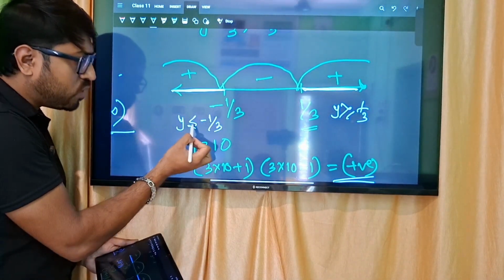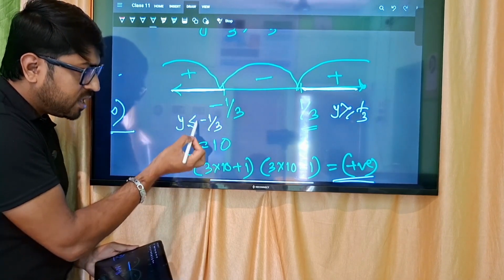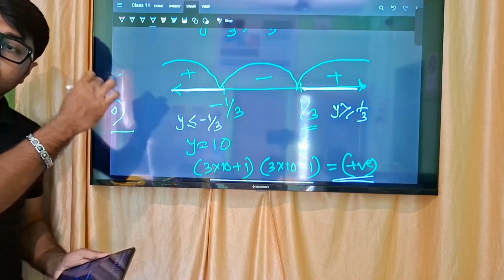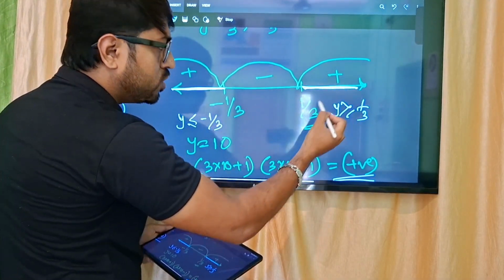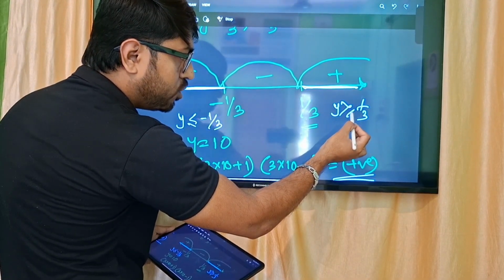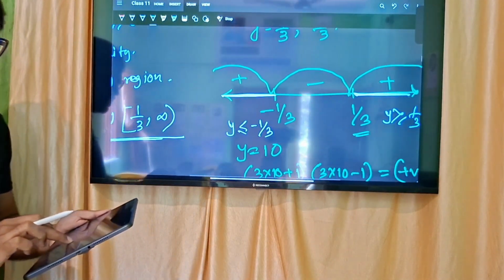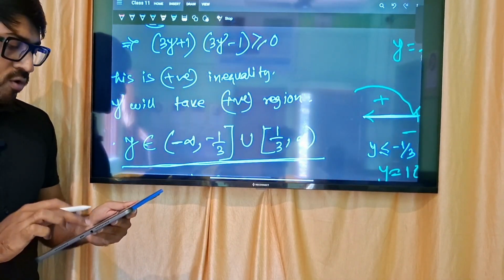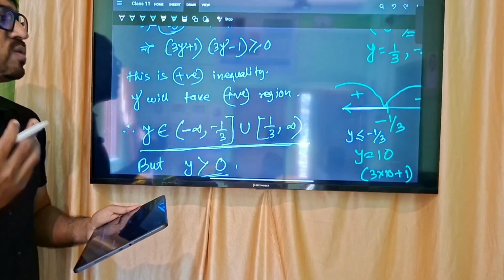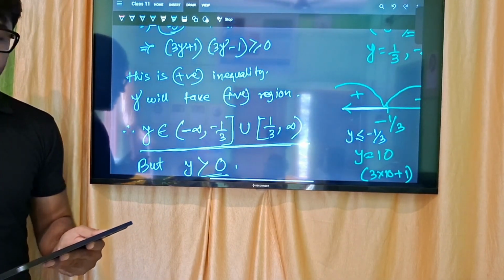This region means y less than equal to -1/3, less than equal to কেন? Inequality তে equal to ছিল, তাই এখানে equal to হয়েছে. এটা মানে কি 1/3 and more. তো y greater than equal to 1/3, equal to কেন? As inequality তে equal to ছিল, ঠিক আছে? So this is the positive inequality, so that is why y will take the positive region.